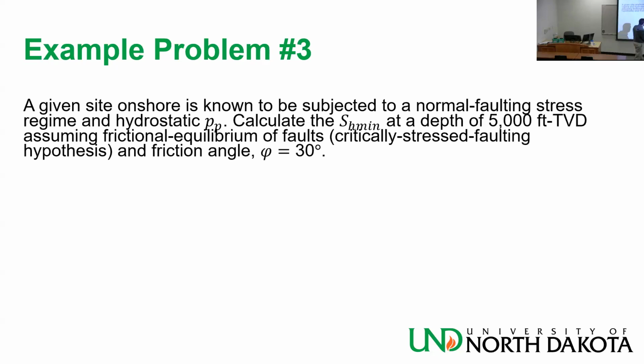Calculate the SH min at a depth of 5,000 feet true vertical depth, assuming frictional equilibrium of faults, the critically stressed faulting hypothesis, and a friction angle phi of 30. Notice I gave you angle phi. I didn't give you angle psi. Didn't give you mu.